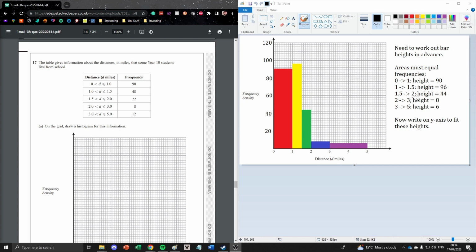Same for 1.5 to 2, so 22 times 2, 44. 2 to 3 is just going to be the same as the frequency, so 8. And then 3 to 5, because that's too wide, we're going to use a height which is half the frequency, so 6. Now that we know our range of heights, we can plot appropriate y-axis demarcations and then plot the boxes.